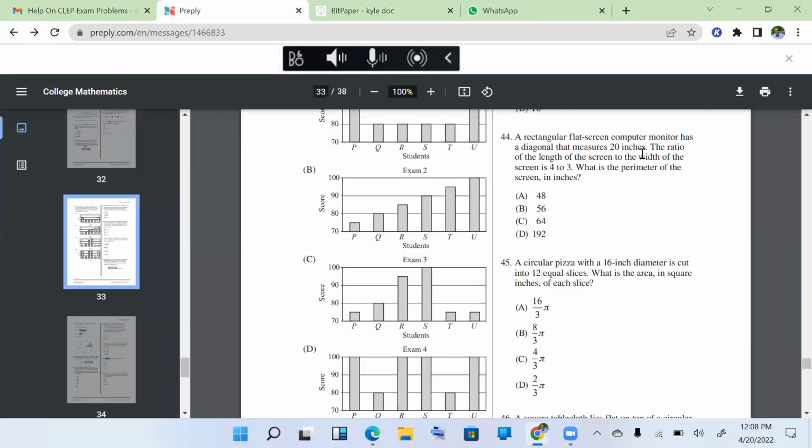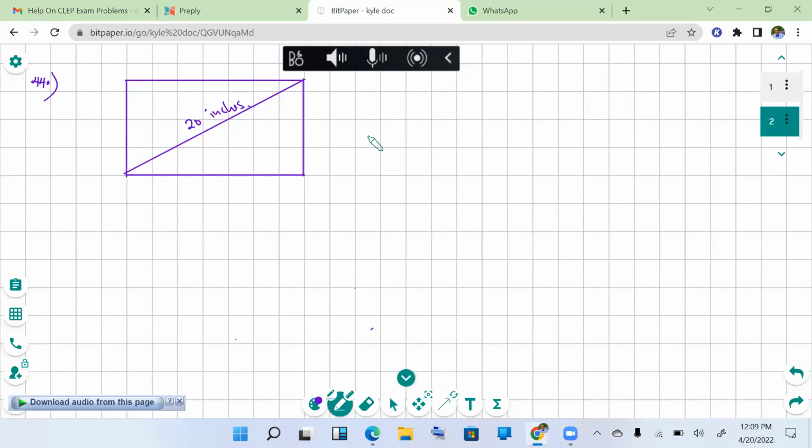Then it says that the ratio of the length of the screen to the width of the screen is 4:3. So this is the length.